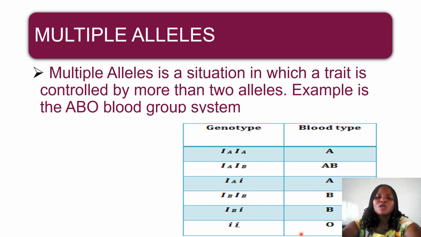Then someone with blood group B is either having 2 B alleles, or is having 1 B allele with an O allele. Then someone with blood type O is having 2 O alleles. So this is the multiple alleles.